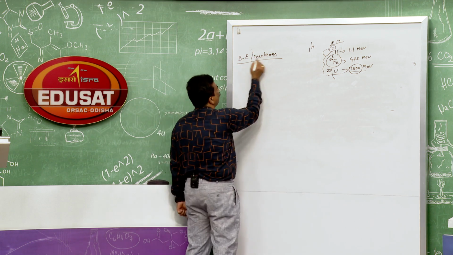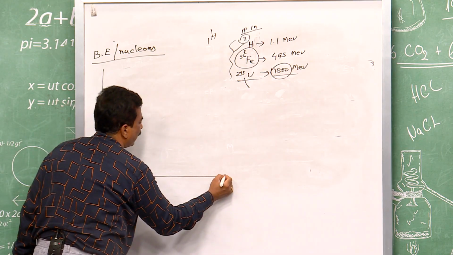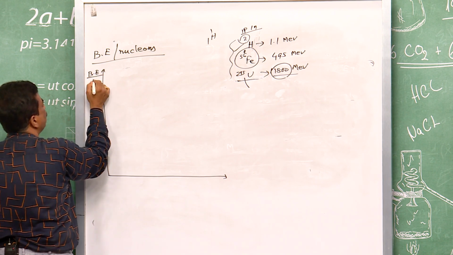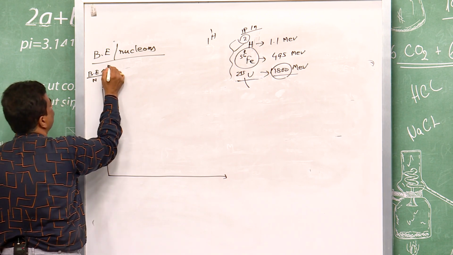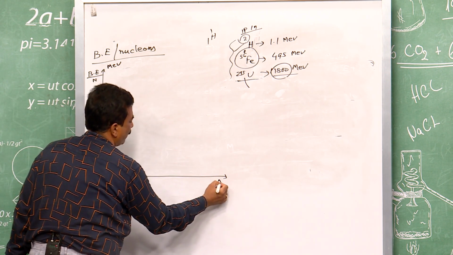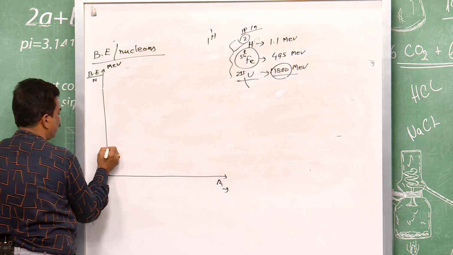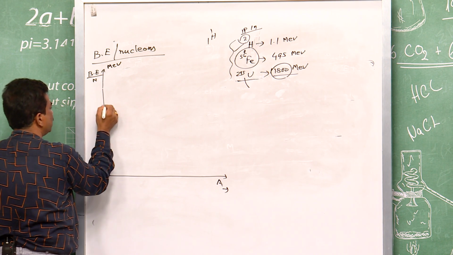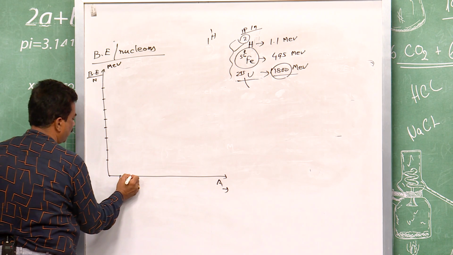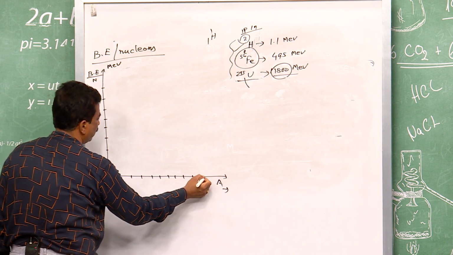So you have to go for the binding energy per nucleon. This axis is the binding energy per nucleon in MeV, and this is A, the number of nucleons. Suppose this is 0, 1, 2, 3, 4, 5, 6, 7, 8, 9, and this is 0, 10, 20, 30, 40, 50, 60, 70, 80, 90, 100.